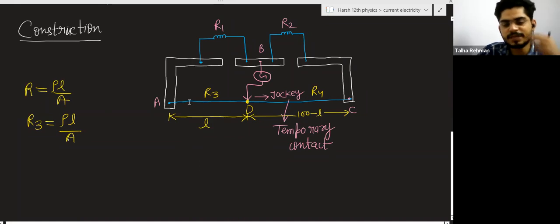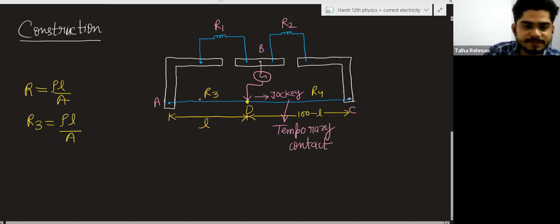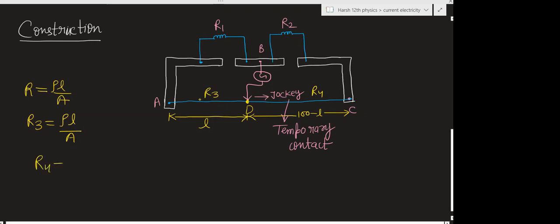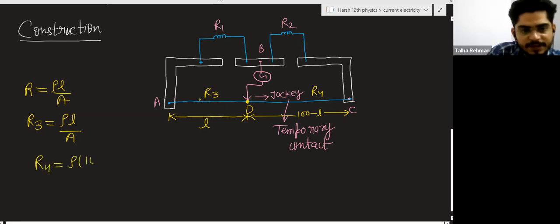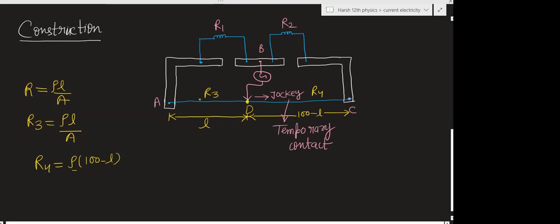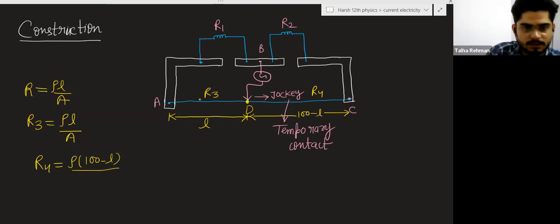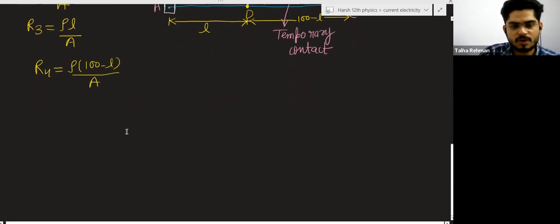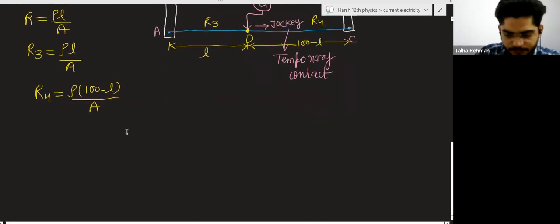R4 can also be written as rho times (100 minus L) divided by A. The area remains the same.